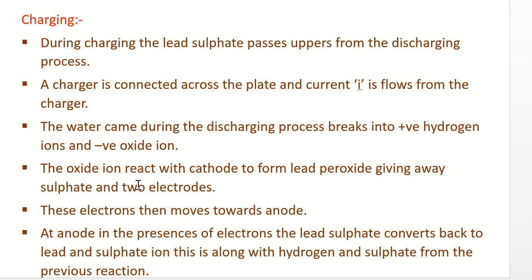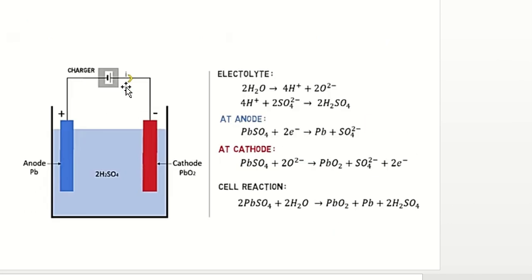The oxide ion reacts with the cathode to form lead peroxide, giving away sulfate and two electrons. These electrons then move towards the anode. At the anode, in the presence of electrons, the lead sulfate converts back to lead and sulfate ion, along with hydrogen and sulfate from the previous reaction. This is the charger.